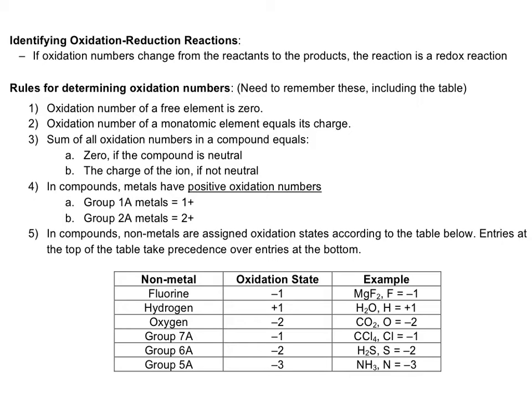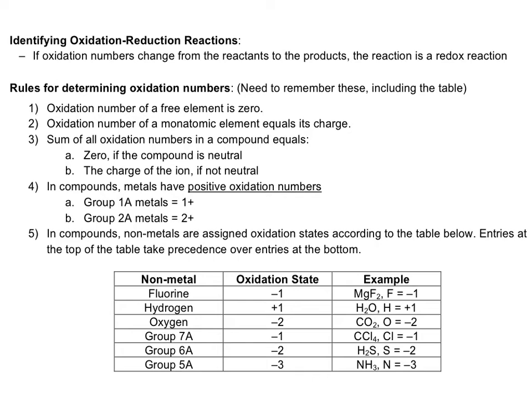So one of the things you'll see is that fluorine always has an oxidation state of -1, and hydrogen always has one of +1. Okay. Oxygen almost always has an oxidation state of -2. The only exception to this is if it's bound to a fluorine or a hydrogen above, and those would take precedence over the -2 for the oxygen. Right?